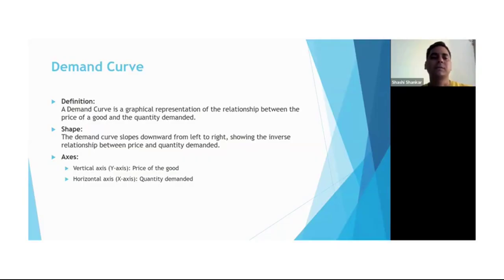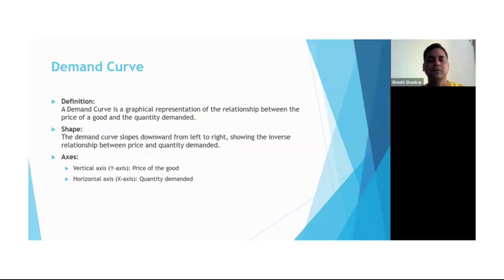So what is the shape of the demand curve? The demand curve slopes downward from left to right, showing the inverse relationship between price and quantity demanded. Once again, I'm emphasizing that.